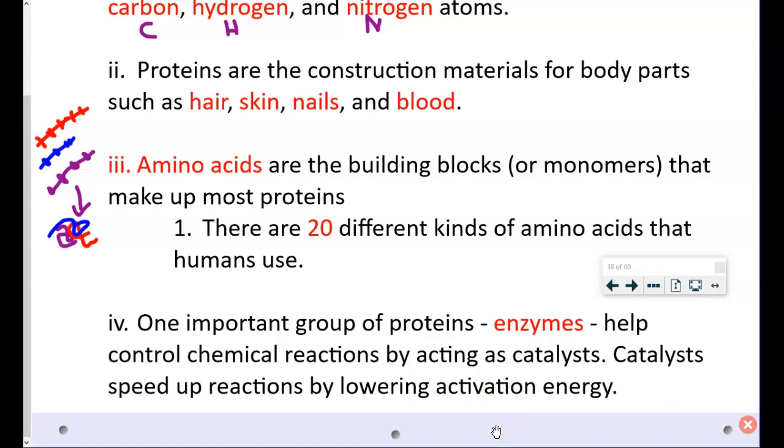So if you think back to some chemistry you've done in a lab before, or even when you're cooking, lots of times you have to add heat for things to happen. If you want to cook eggs, you have to add heat. A lot of chemistry labs, we heat up test tubes or heat up things using a hot plate or a Bunsen burner, okay? If I add a catalyst, we will get the same reaction with less heat or less energy, okay?